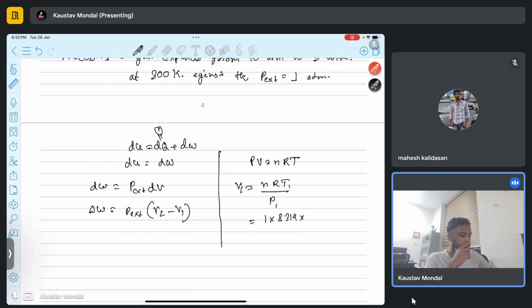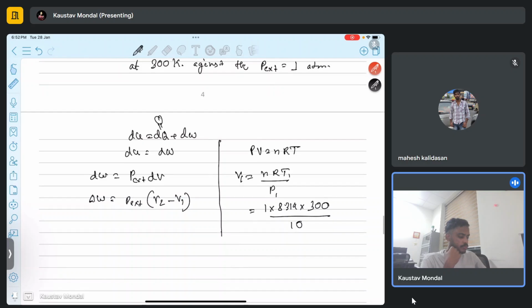And T1 is given, T1 is 300, by P1. The gas expands from 10 atm to 5 atm, so P1 should be 10.